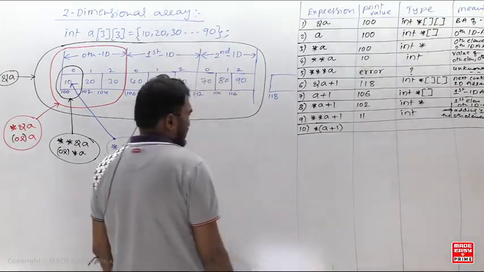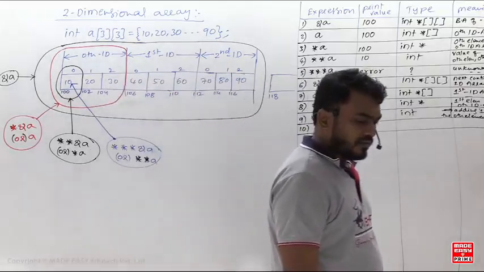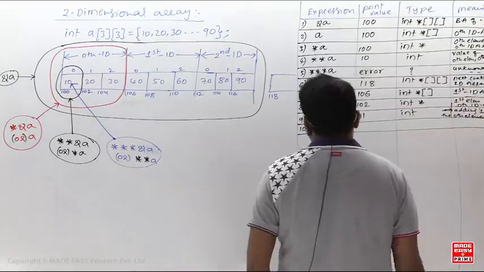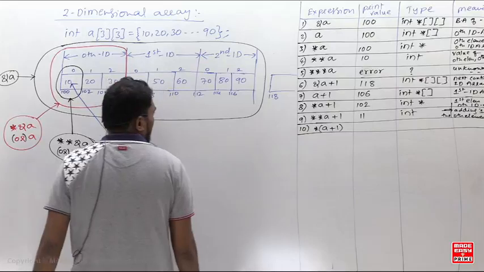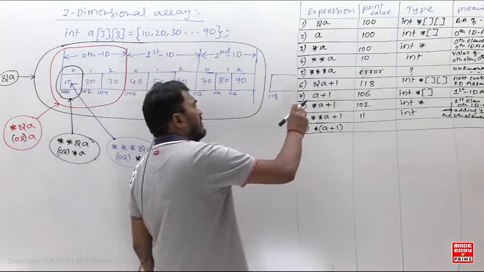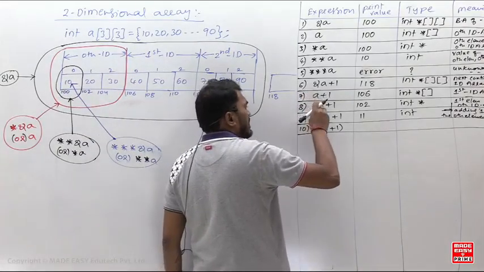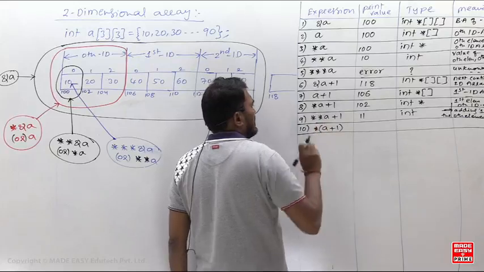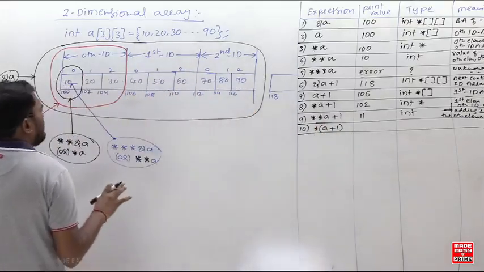Very good. So a plus 1 whole star, look here, there is a lot of difference. You have star a plus 1 there, and a plus 1 whole star here. So don't confuse a plus 1 whole star.